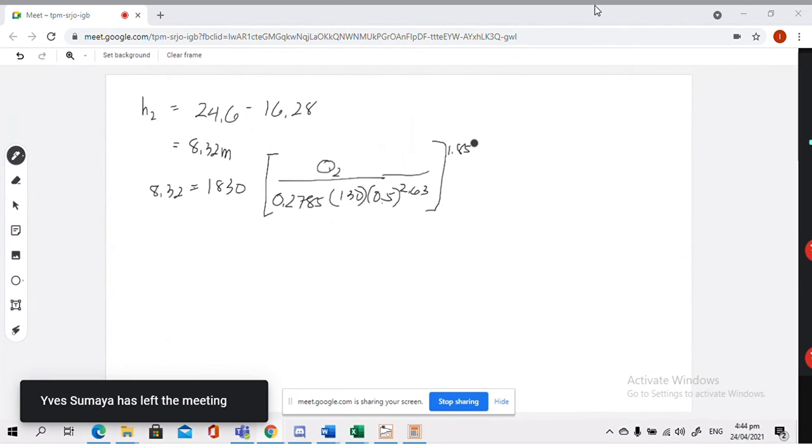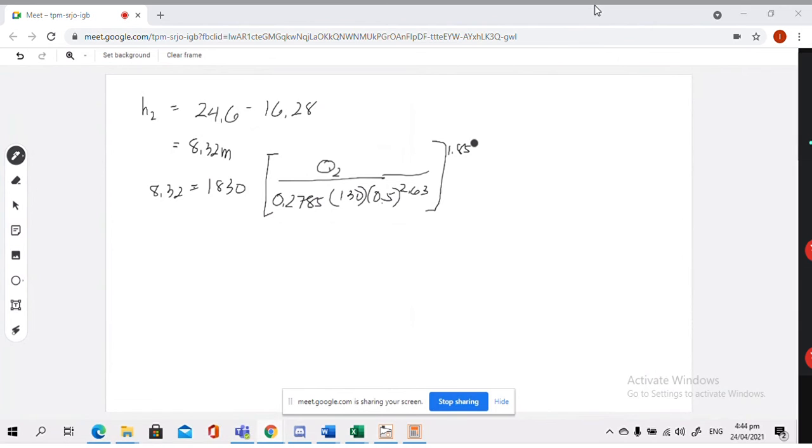So 8.32 equals 1,830 times Q2 over 0.2785, 130, to the 0.5 to the 2.63 to the 1.85. So you will have your Q2 is equal to 0.3169 meter cube per second.